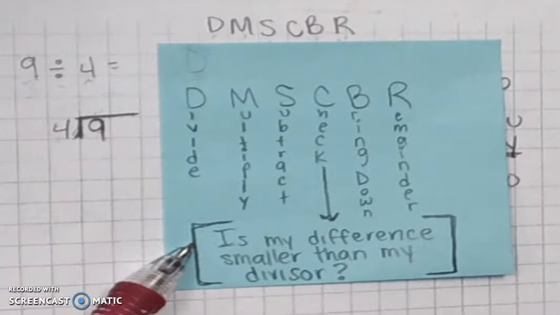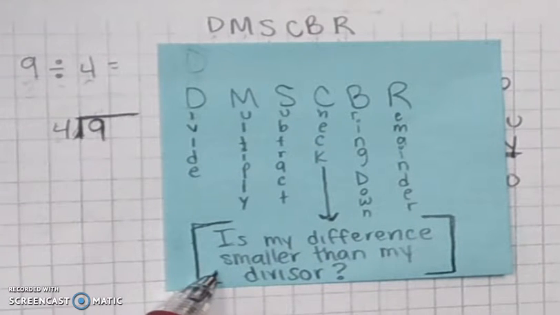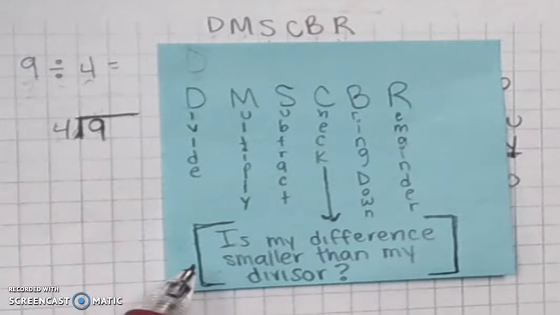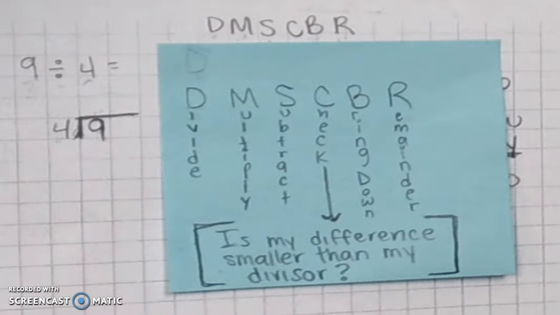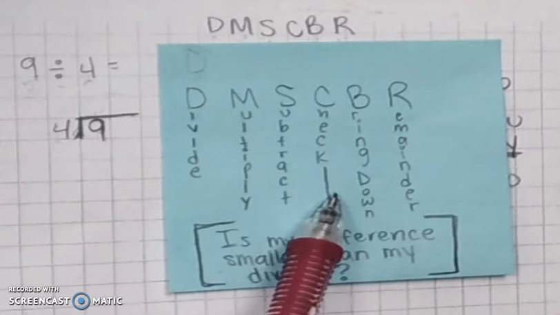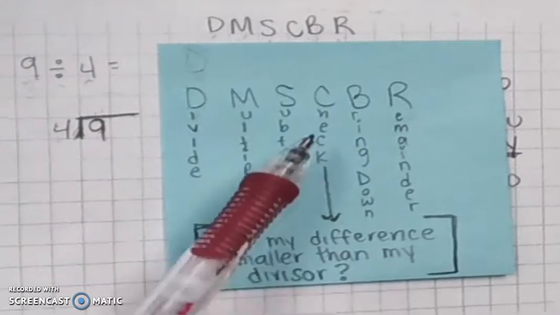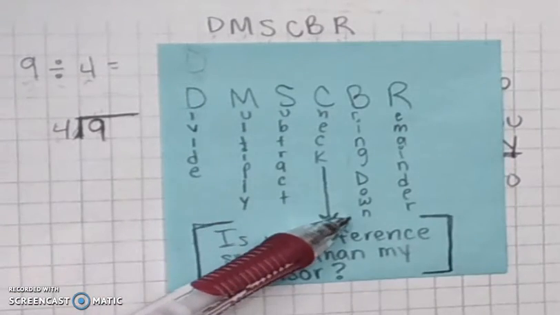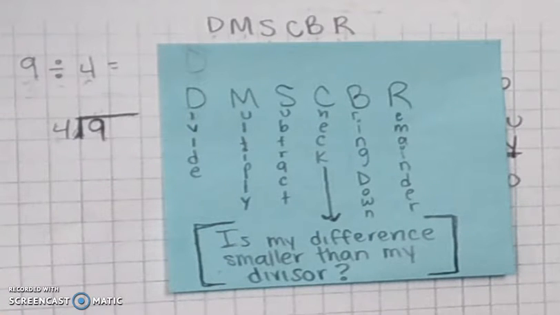If the answer is yes, you can move on. However, if your answer is no, you have to stop and go back, because a part of your answer needs to be bigger or maybe smaller. Okay, but if your answer is yes, my difference is smaller than my divisor, then you can bring down the next digit, and then you'll have any remainder.